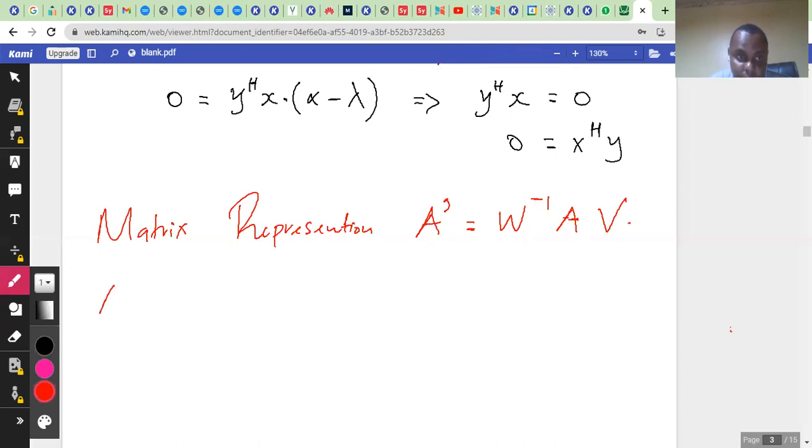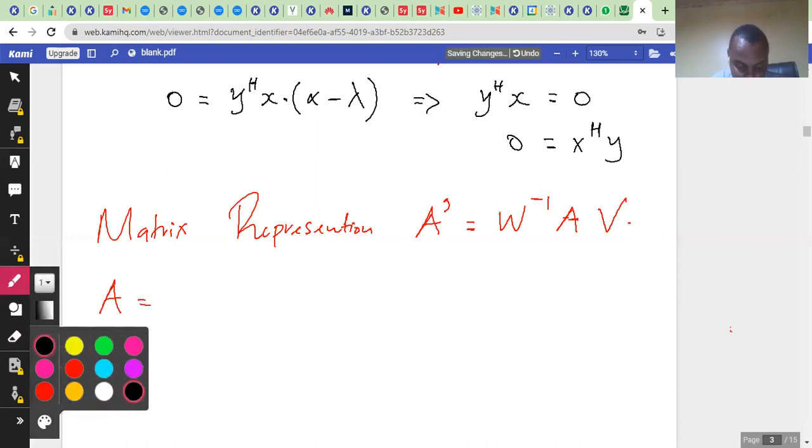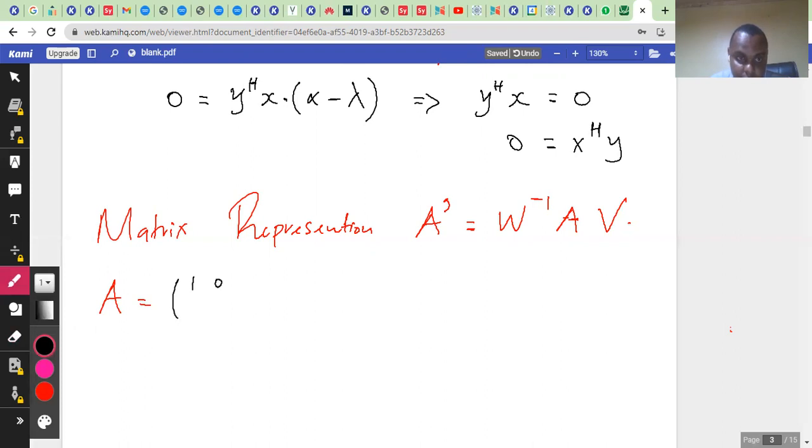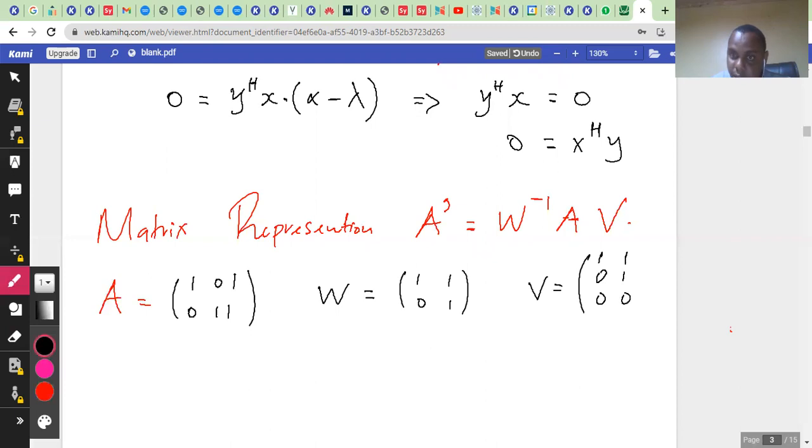So A is 1, 0, 1, 0, 1, 1, and then W is 1, 0, 1, 1, and then V is 1, 0, 0, 1, 1, 0, 1, 1, 1.